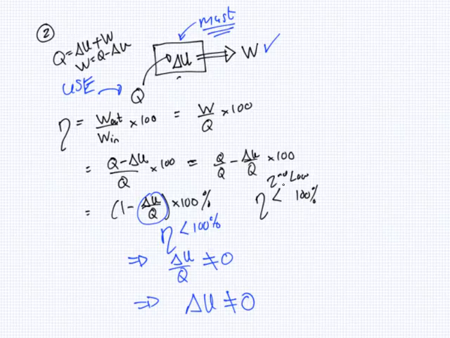Because the second law says efficiency must be less than 100%, delta U must not be 0. You can't use heat to make work without making the engine hot. It's a fact. Even in the future, impossible. So the engine must get hot, which means you must use some coolant, like an oil or water, to cool the engine down.